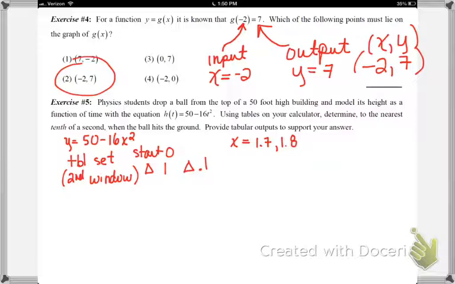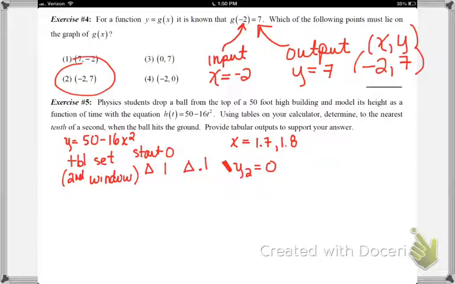So to come up with a more accurate response, let's go to y2 and put in 0. And then what I'm going to do is press our cursor, that little arrow, and go to the left. Go to the left, and then press enter once, and what you're going to see is that a line becomes darkened.